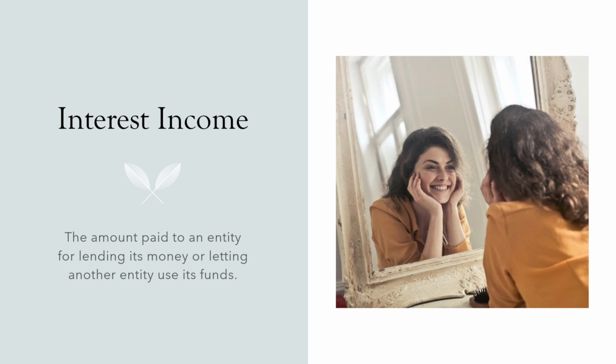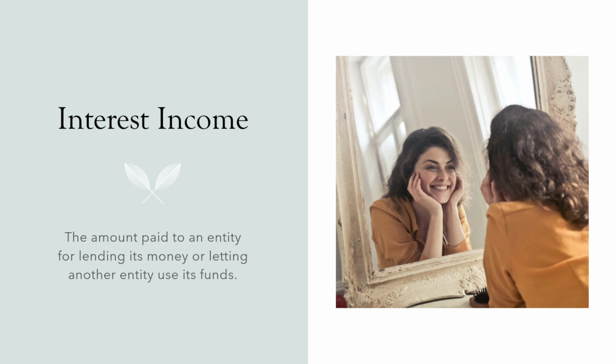Let's say that you purchased a home for $250,000 and you have a mortgage. Well, you'll not only pay that $250,000 back, but you're also going to be paying additional money called interest. And it's basically you're paying for the use of someone else's money.